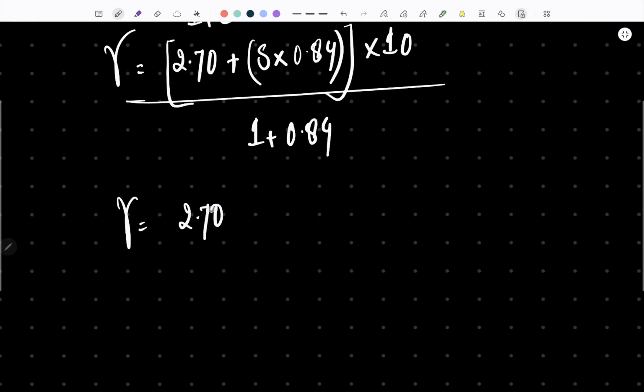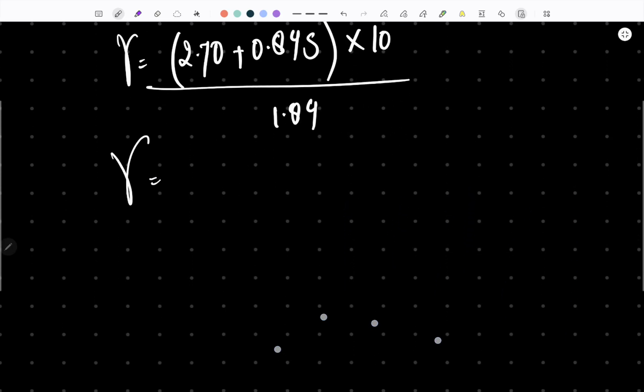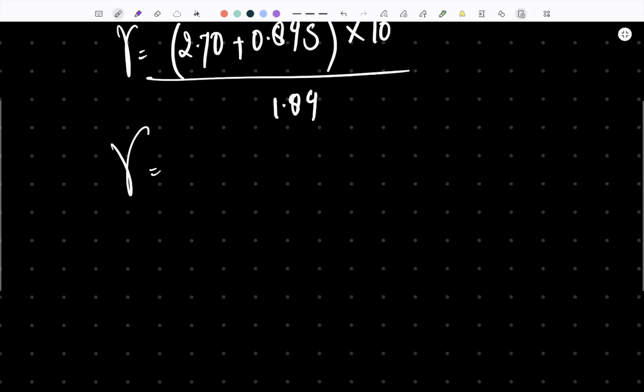This will become (2.70 plus 0.84 S) multiplied by 10 divided by 1.84. Alright. By calculations, this S is equal to 50.23%.